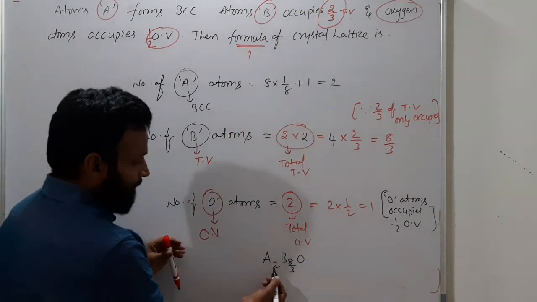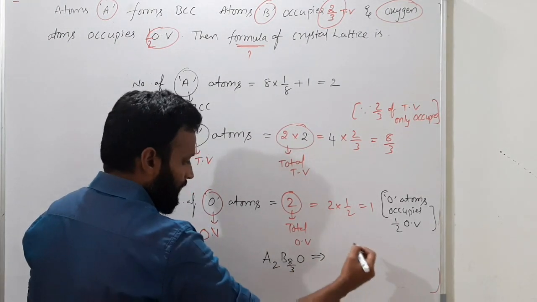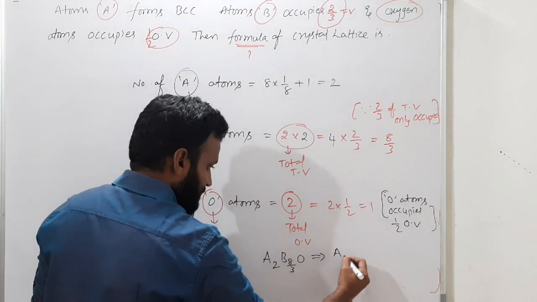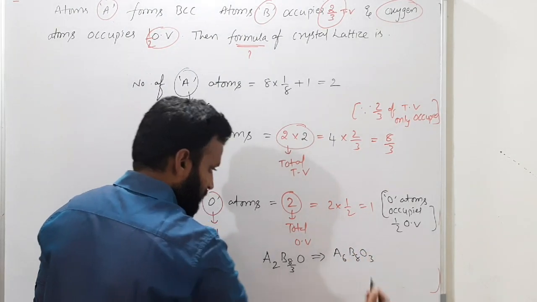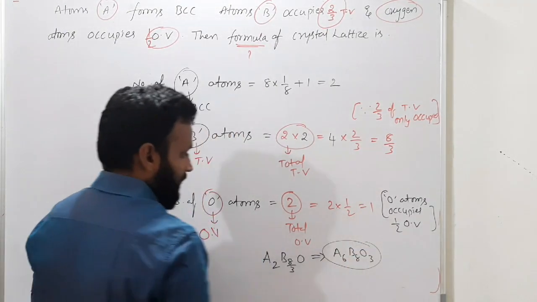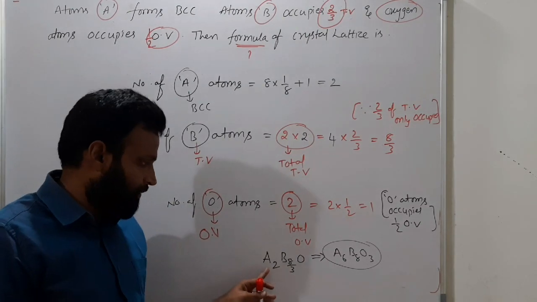So the formula is A2B8/3O. You can multiply with 3, giving A6B8O3. This is the last simplified one. I multiplied with 3.